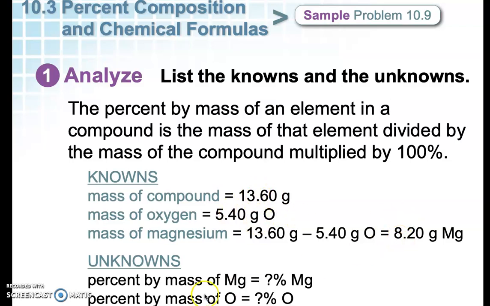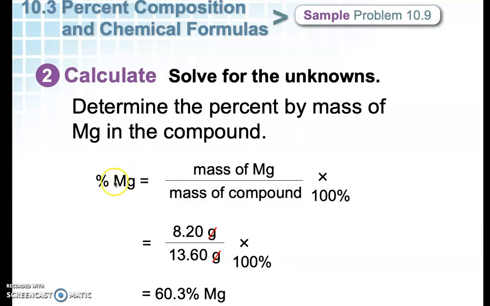So let's calculate the percent of each one of these. It's simply taking the mass of the element and dividing it by the compound for each one of the elements. For percent magnesium, mass of magnesium over the mass of compound times 100%, is 8.2 divided by 13.6 times 100, which is 60.3. It's actually times 100. Don't hit the percent key.